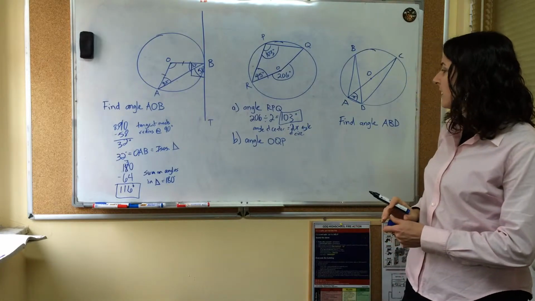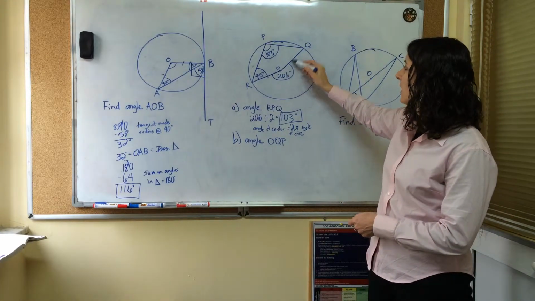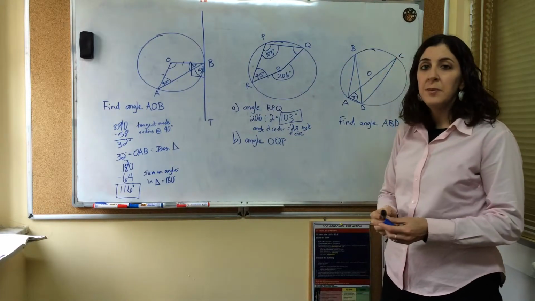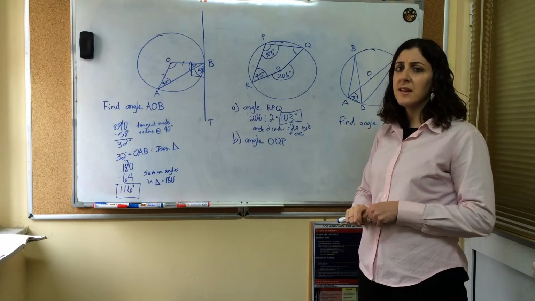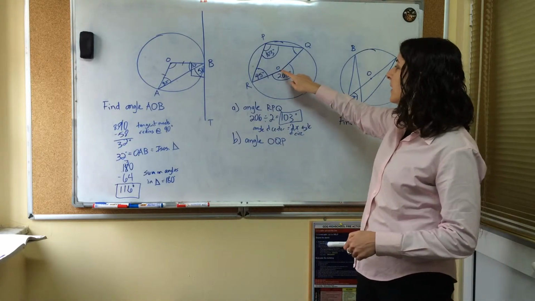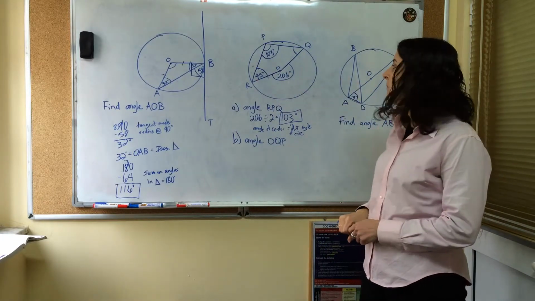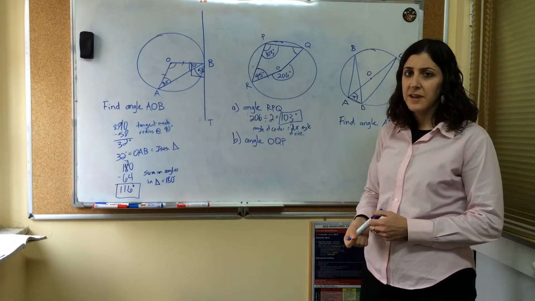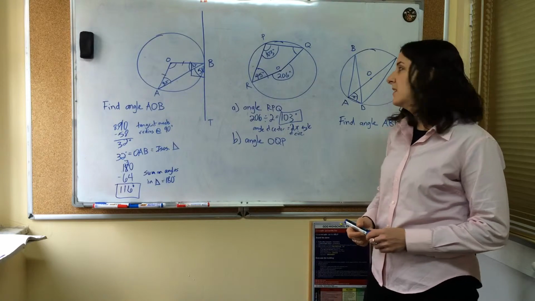And then they want us now to find angle OQP. So we're talking about this angle. Now don't be confused, this is not a cyclic quadrilateral. For this to be a cyclic quadrilateral, this point would have to be down there. It has to touch at each of the vertices. But what I do know is it is a quadrilateral, a four-sided figure, so that means it has to have a sum of 360 degrees.